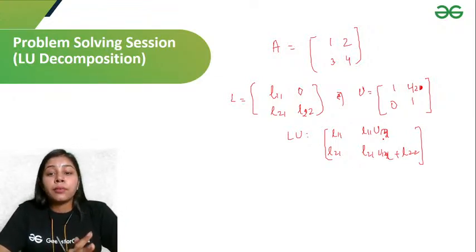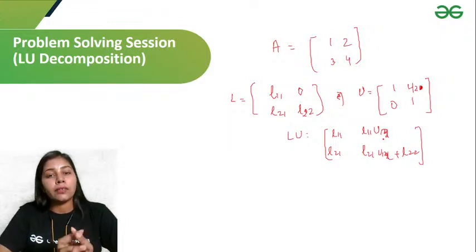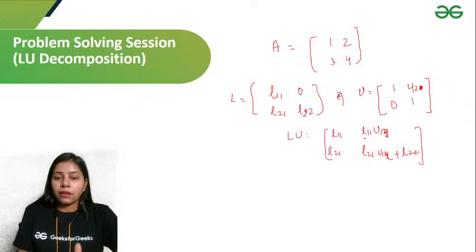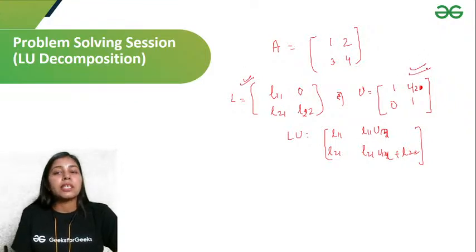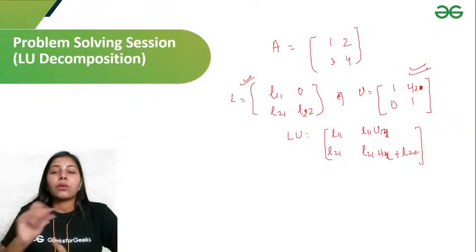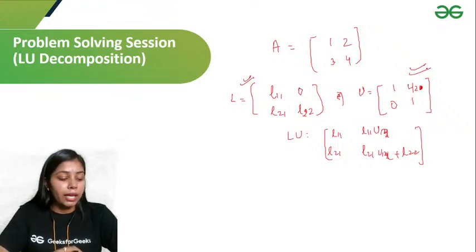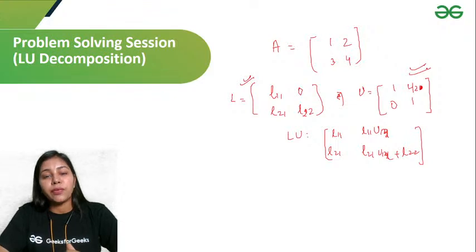That is easy, but only for a 2 cross 2 matrix. If I have a 3 cross 3 matrix, it would be difficult, because then I have 6 variables in the L matrix and 3 variables in the U matrix, that means 9 variables in total to solve for. That will be very lengthy.